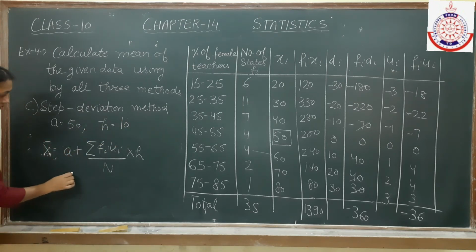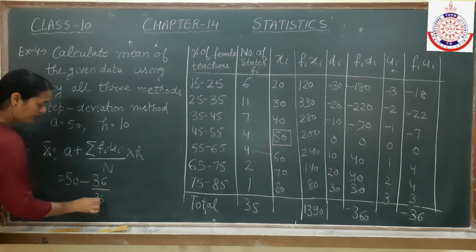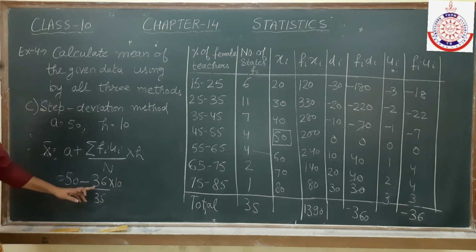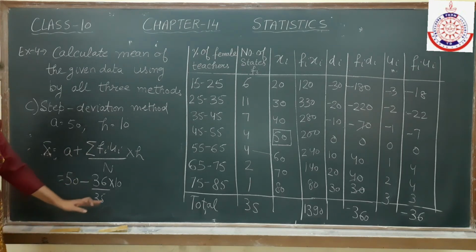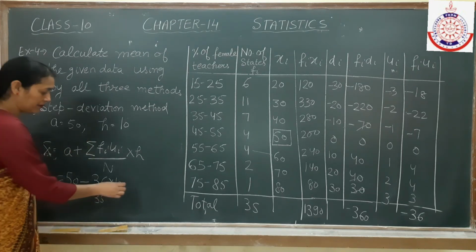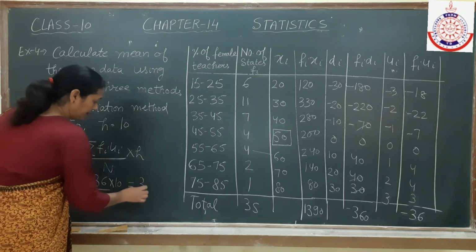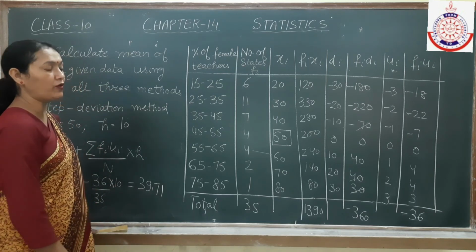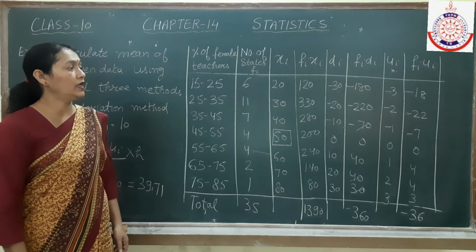So putting all the values, a as 50, sigma fi ui as minus 36, n as 35 and h as 10. Now again this calculation became 360 divided by 35, same as the assuming method. So 50 minus whatever the answer comes from here, we will be writing our answer as 39.71, which is the same as the value of mean that we obtained using the direct method and assuming method.